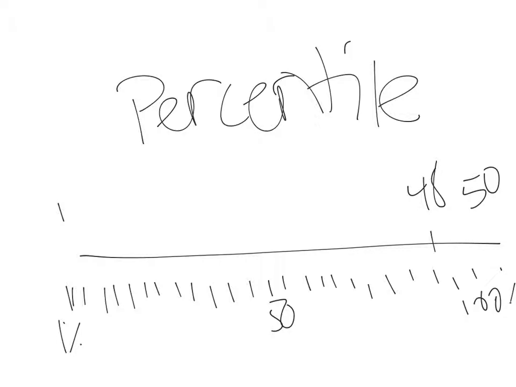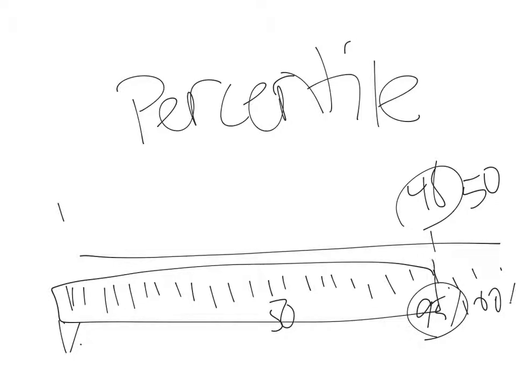So very likely, with a score of 48, depending on how everyone else did, let's say you are at the 95th percentile. That means that you did better than 95% of your class.